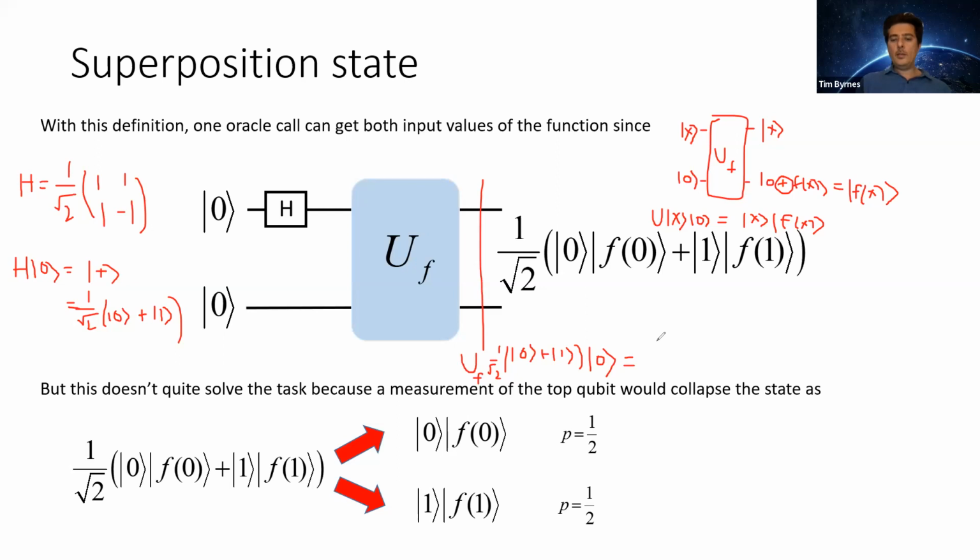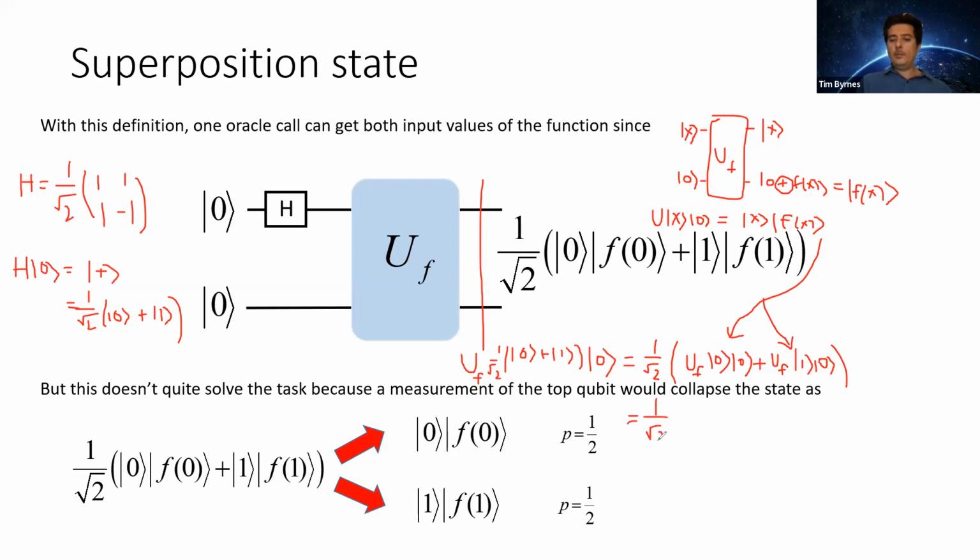Because once you have this superposition, you can just expand this bracket here. So you'll have U_f applied on |0,0⟩, and then U_f applied to |1,0⟩. Then we can just use this relation, the general case, and apply it to each of these cases.